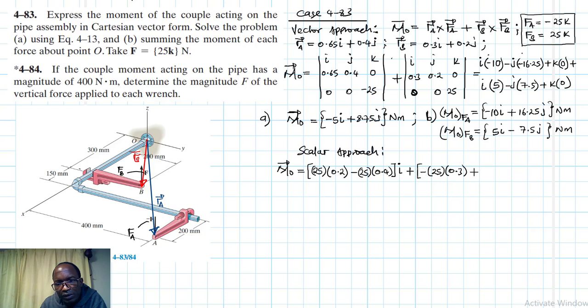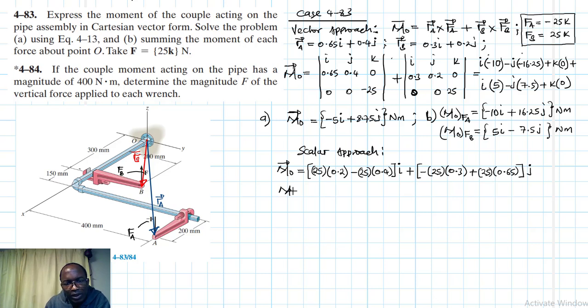Great. And then I'll say plus, this other one is going to give us a positive, so we'll have 25 by the lever arm, which is 0.65, and then we give it a direction.